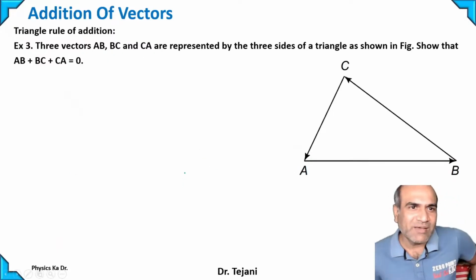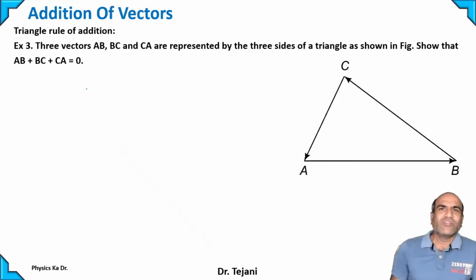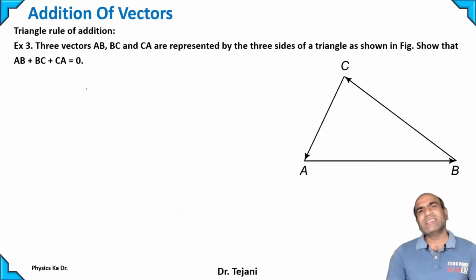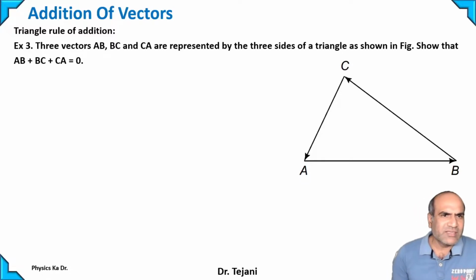Let us have an example based on this. Three vectors AB, BC, and CA are represented by the three sides of a triangle as shown in the figure. Show that AB plus BC plus CA is 0. We don't know yet; let's see.